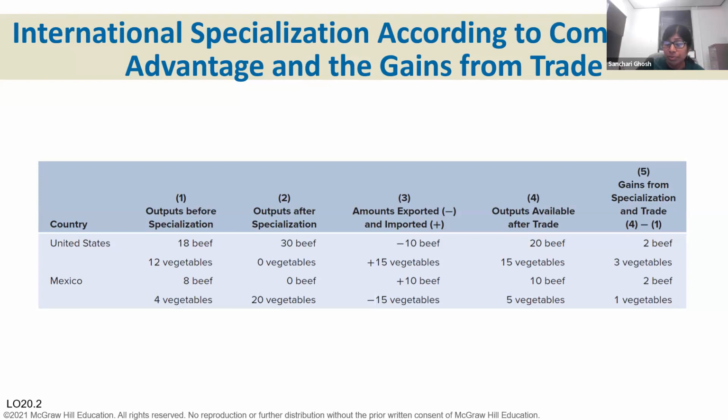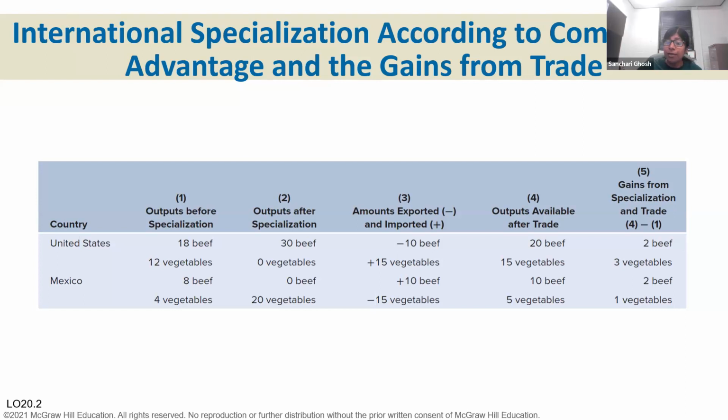You can see the US was making 18, got 20, even after doing the trade, even after giving 10 units of output to Mexico. So it has 2 additional units of beef. With vegetables, it was making 12, gets 15 from Mexico, gets 3. Mexico makes 10, gets 10 units of beef, was making only 8, gets 2 additional gains from trade. And 20 vegetables, was making 4, after giving 15 to the United States, still has 5. So 5 minus 4, gains from trade, 1 vegetable.